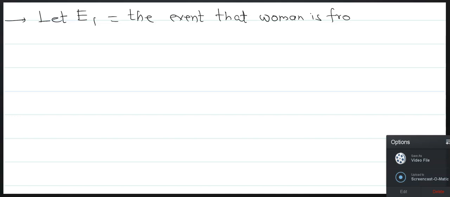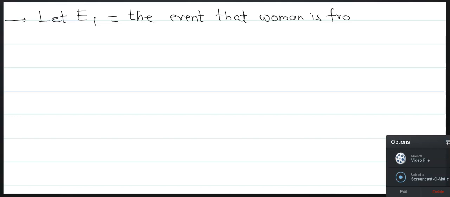And what is next? The graduate women: 48% of women who hail from the same town are graduates, and 83% of the women who have come from the neighboring town are also graduates. Now find the probability that a woman selected at random is a graduate from the same town.